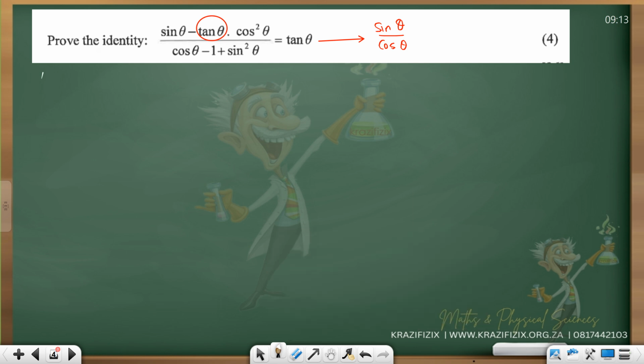So let's start from the left-hand side. LHS. Please write neatly. Sine theta minus, what is tan theta? It is sine theta over cos theta, right? Now, do you notice we have a dot there, which means we are multiplying. I can quickly write this one as a fraction.